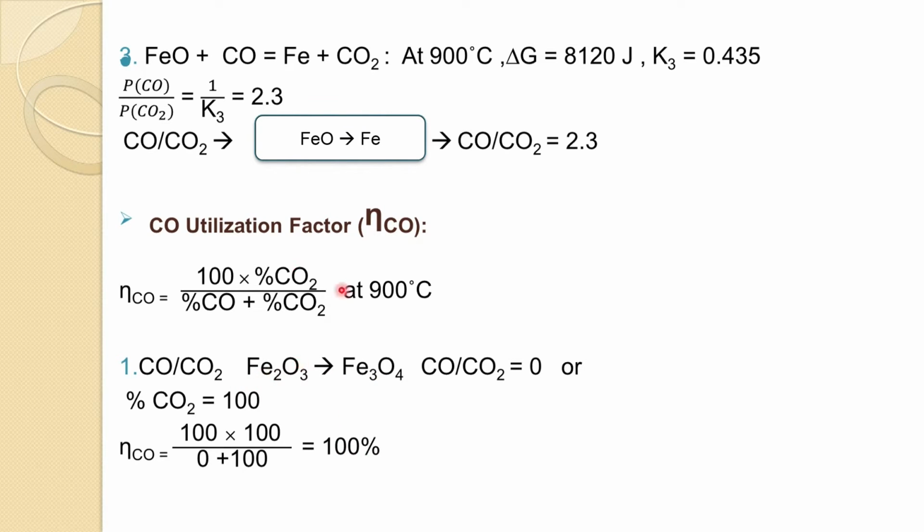The CO utilization factor, which you can also call efficiency, is given by this formula: percentage CO2 divided by the total percentage of CO plus CO2 at 900 degrees Celsius. For the first reaction it is almost negligible, so the CO utilization factor is almost 100%.